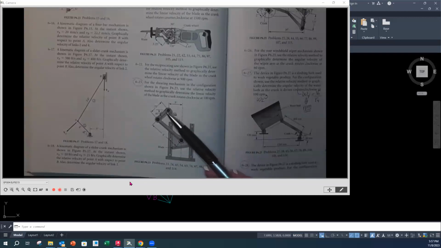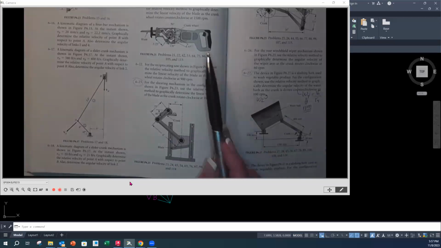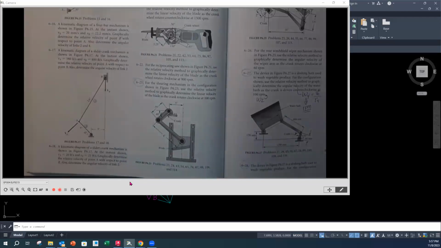Now, this is another crank slider mechanism, just like 21 was. So really the exact same process is what you're going to go through here, except different numbers. Does anybody want to see this one, or do you feel good about the process that we just did, that you could follow along and then adapt it to number 23? Does anybody want to see this one?